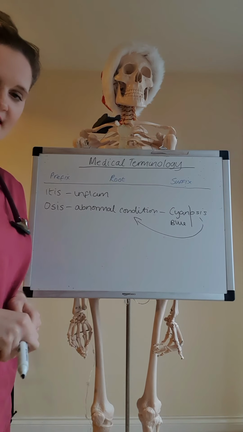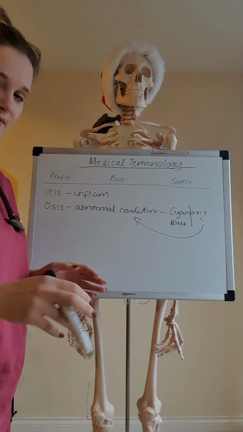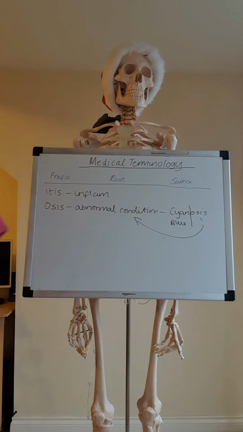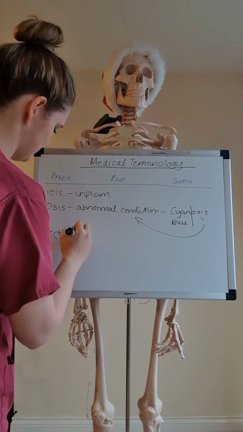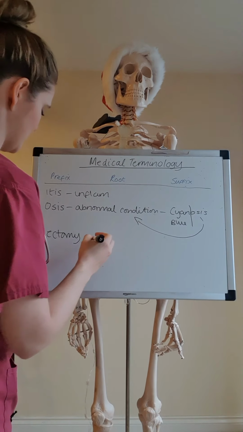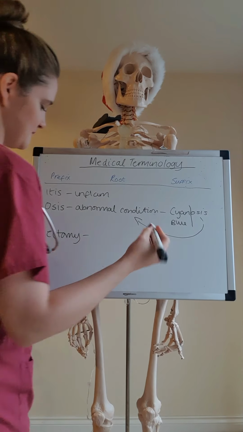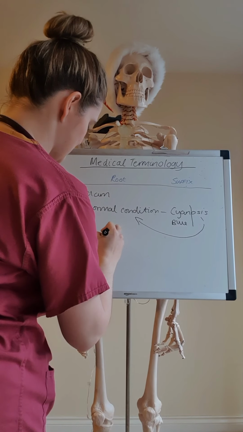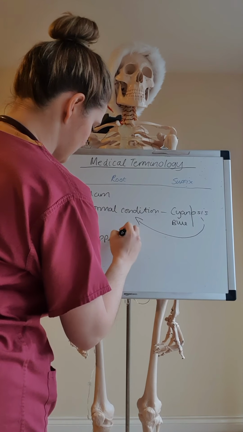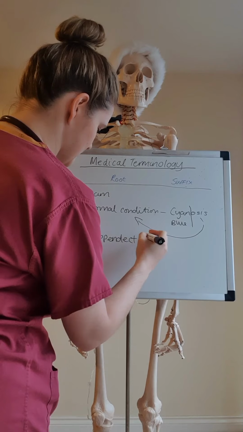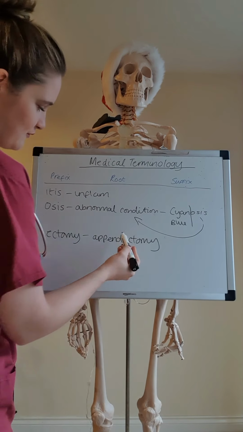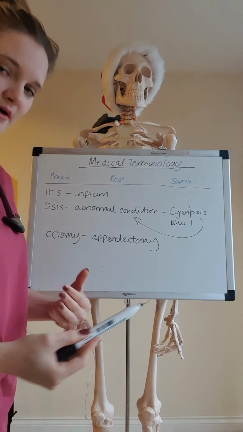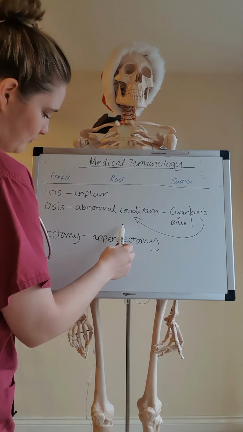If you break the words down and you figure out what each individual part means, it just makes it a lot easier. So let's go on to something different. Ectomy. These are all suffixes at the moment, by the way, not prefixes. So let's take an appendectomy. I've had one of those. I no longer have my appendix. Even if we break that up, that's not three parts, it's just two, but it's still a very long word.